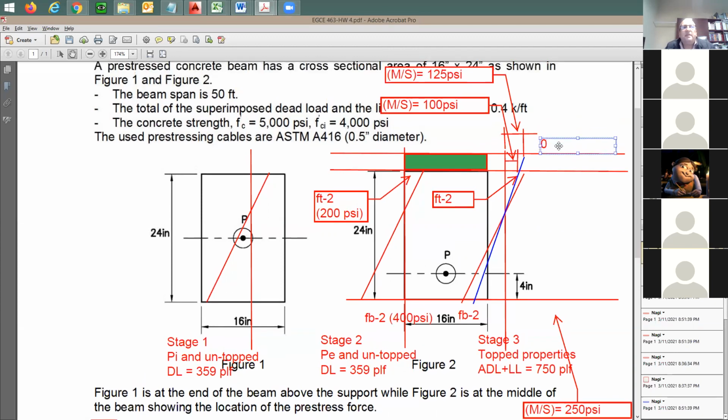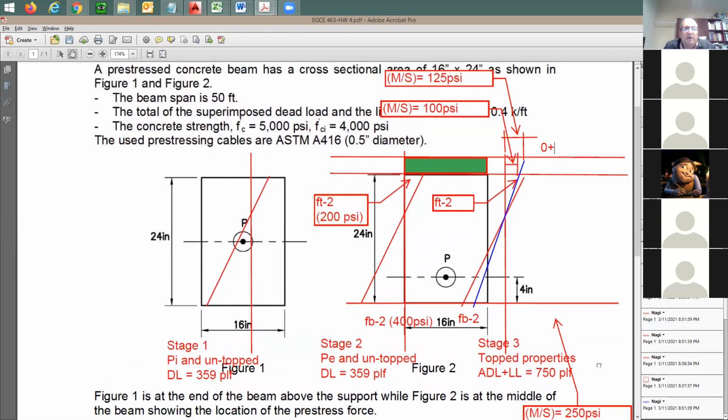How about the stresses due to this additional dead load and live load, all the way at this line here? Do you know this value? From the blue distribution, from stage 3, from M over S only, how much is the stress at this point? 125.